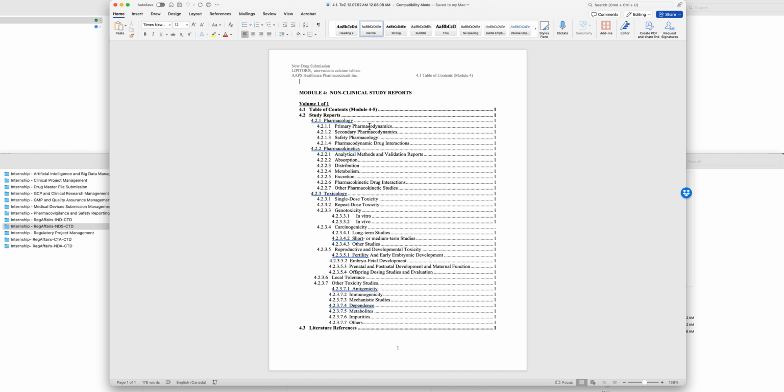This means that we will have, for example, 20 studies in different animal models, and we have several study reports. So study report 1, 2, study report 3, 4, 5, up to study report 20. And we are going to add all of those study reports in module 4211.